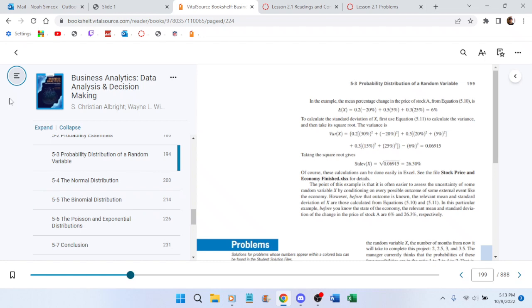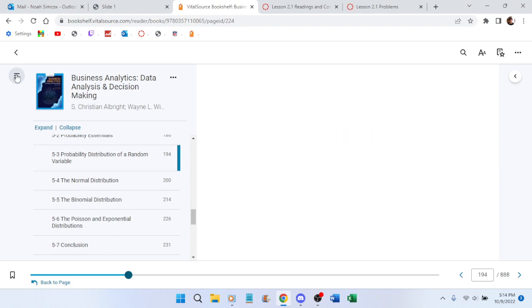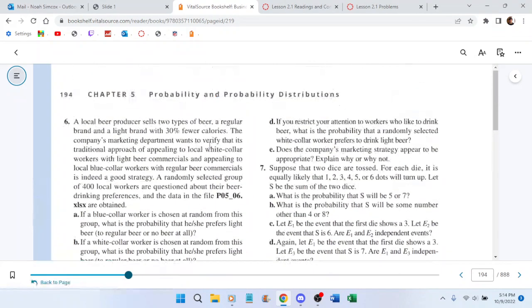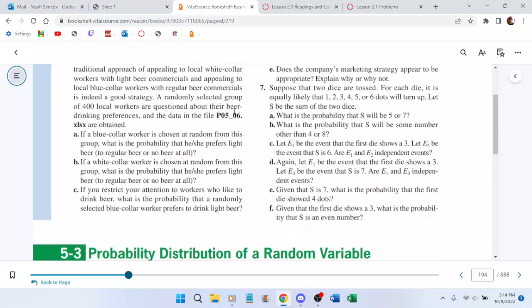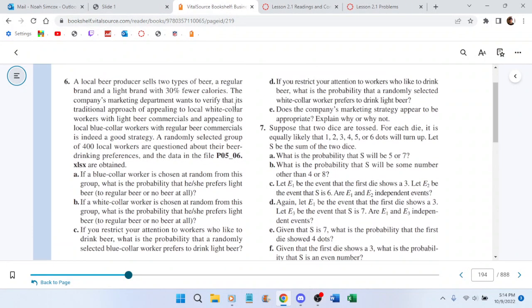So if I go to the beginning of section 5.3, and then there it is. I found it. Oh, man. That's a lot of words.